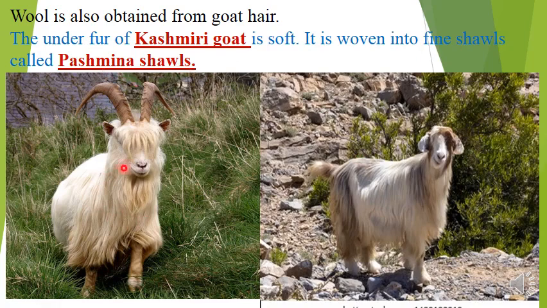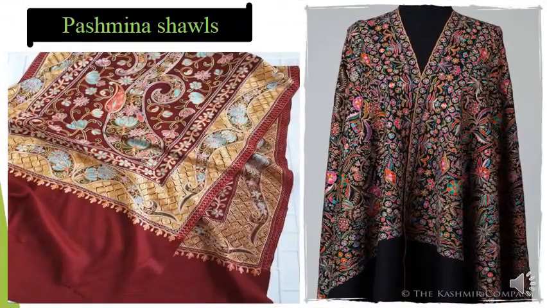These shawls are made from the underfur of this Kashmiri goat. These are some samples of pashmina shawls. Can you see the designs on them, and they look very shiny in appearance, and are very soft and lightweight, but give very good warmth to the body.